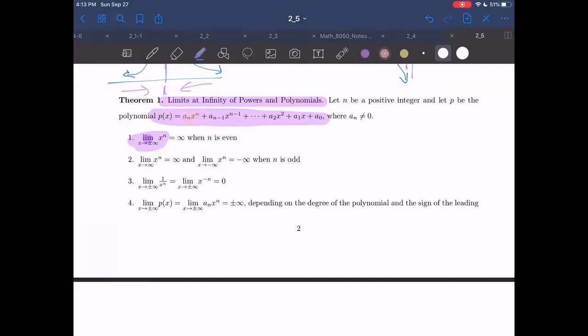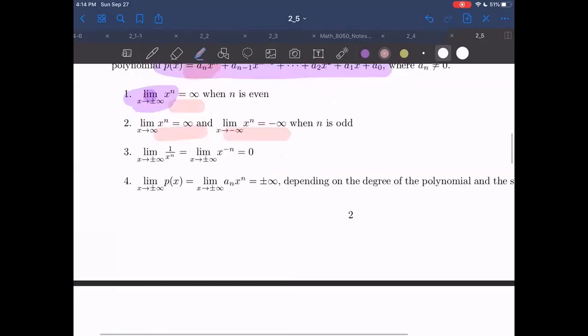So in this case, our highest degree is x to the n. It won't always be the first term, it'll just be the largest exponent. If n is even, then that'll equal positive infinity. If n is odd, then as x approaches positive infinity, your function will be approaching positive infinity, and as x approaches negative infinity, the function will approach negative infinity.